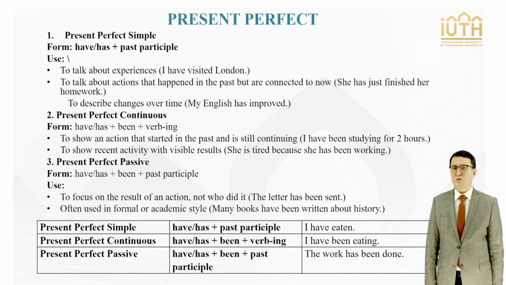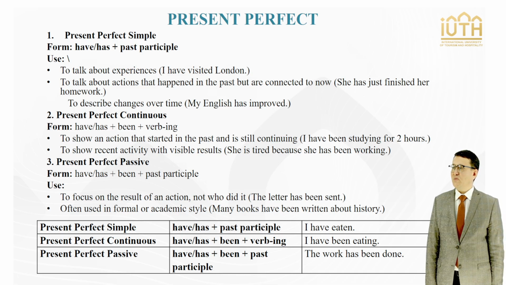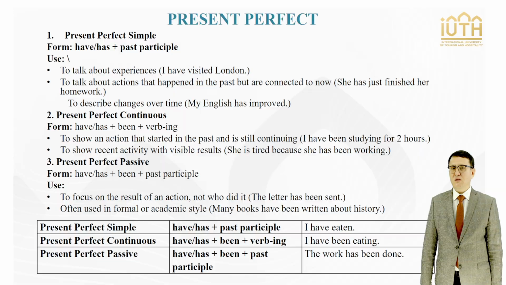And we also use present perfect passive. The form of the present perfect passive: have/has plus been plus past participle. We use this to focus on the result of an action, not who did it, but also we use it in formal or academic style.